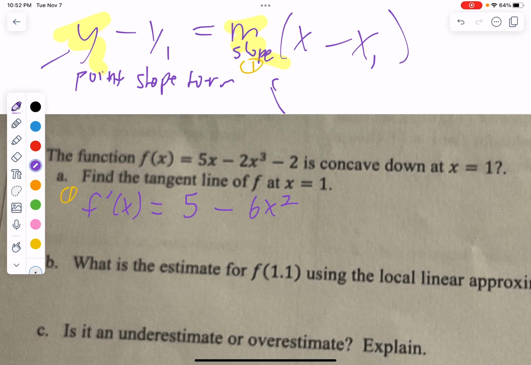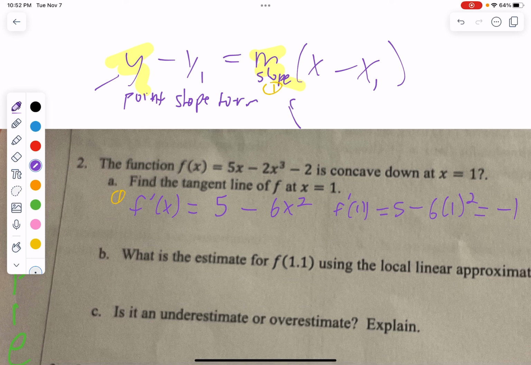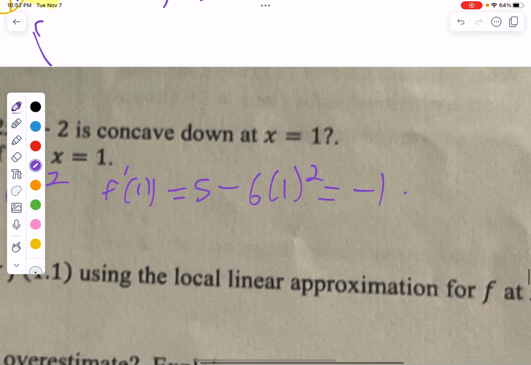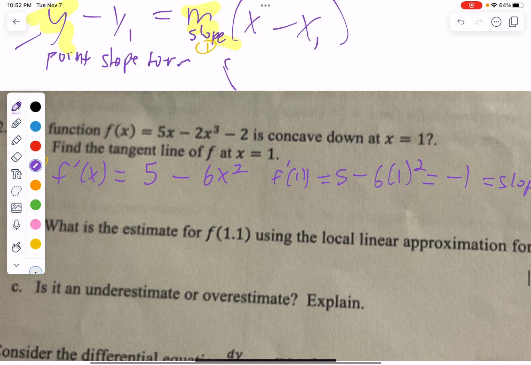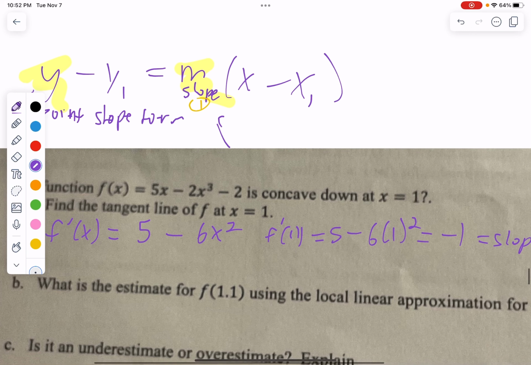It's asking at x equals 1, so we're going to plug in 1, f prime of 1, which gives you 5 minus 6 times 1 squared, which gives you negative 1. And negative 1 is going to be our slope. Now we need the y value, because if we're trying to make a point, we have the x, which is 1, but we need to find y.